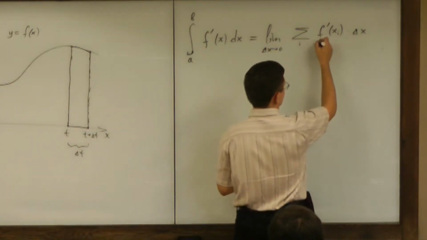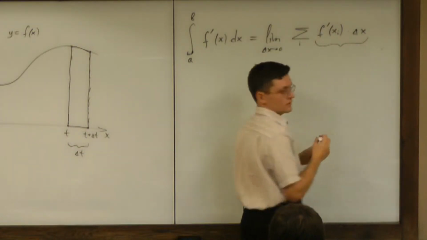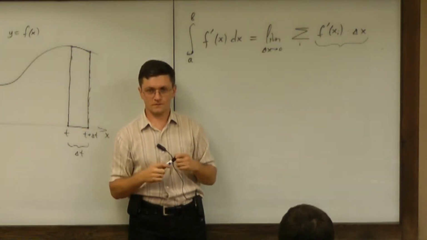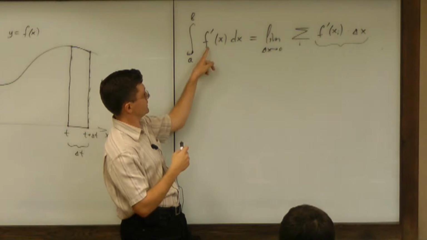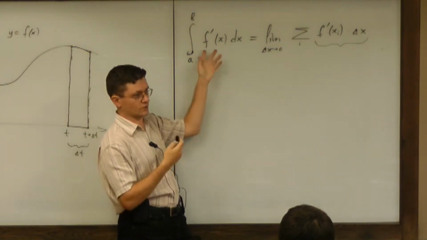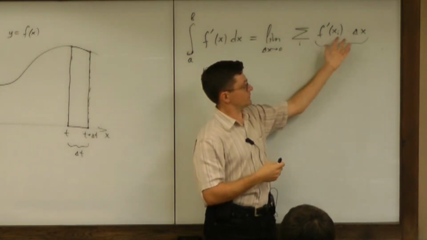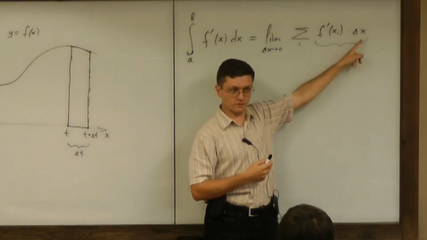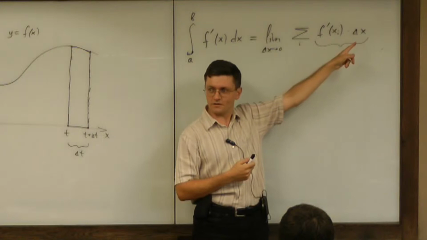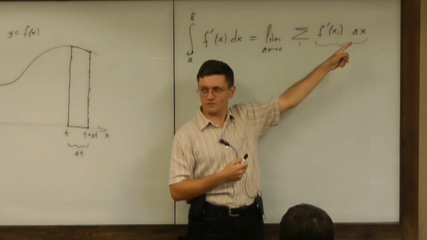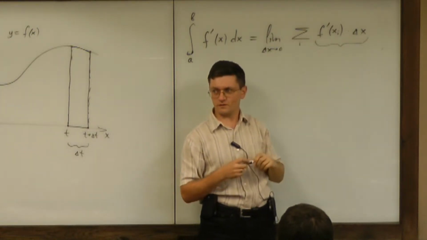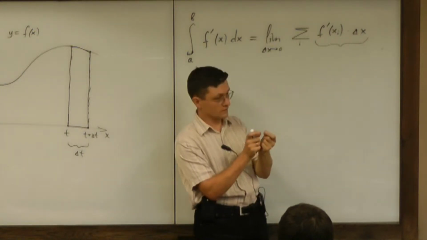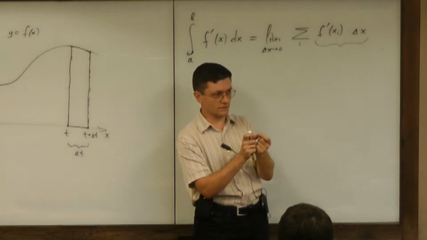But this expression means something to us. If I just put an arbitrary function f instead of f prime, the product of f times delta x doesn't mean much. But the product f prime times delta x means something. What does it mean? Derivative at some point multiplied by the change of x.